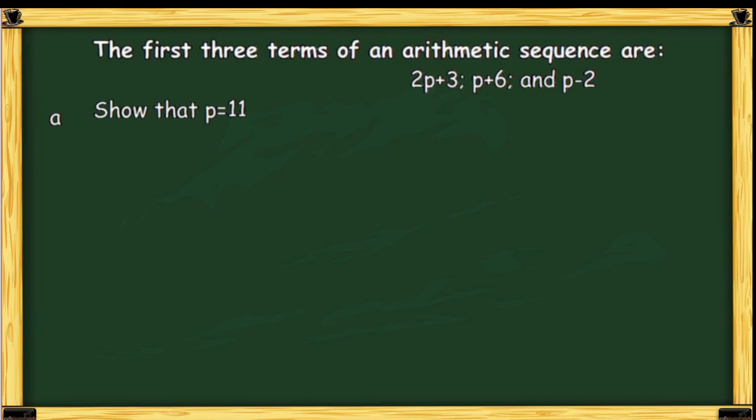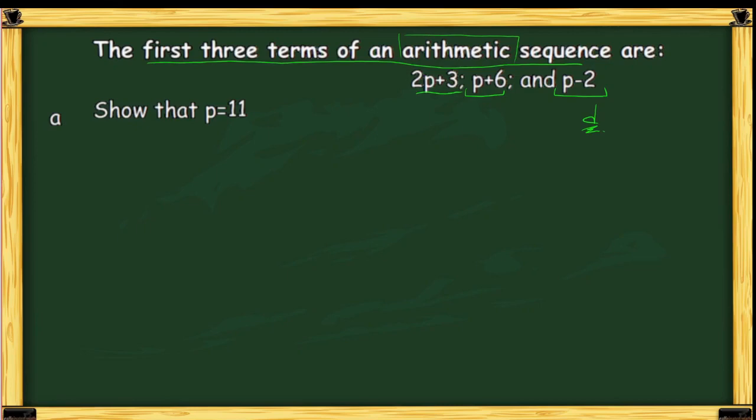Well, the first 3 terms of this arithmetic sequence in question 2.2a are as follows: 2p plus 3, p plus 6, and p minus 2. Now, given that this is an arithmetic sequence, we do know that it has a constant or common difference.